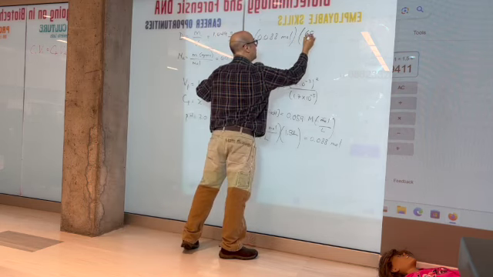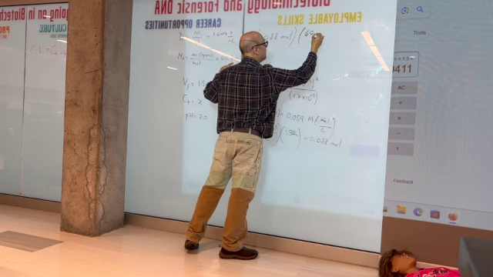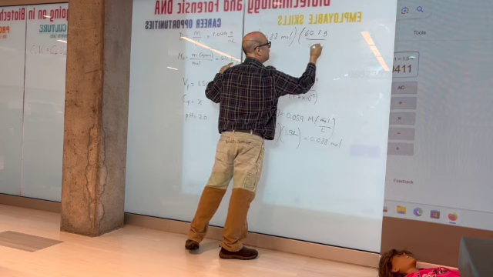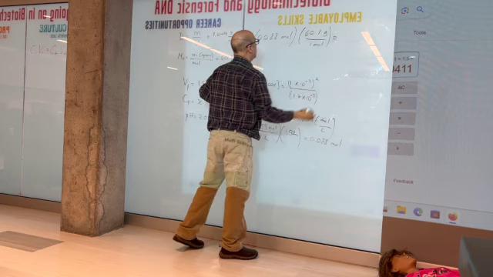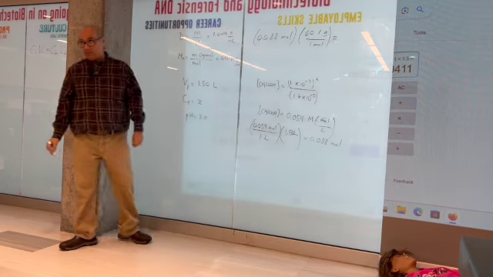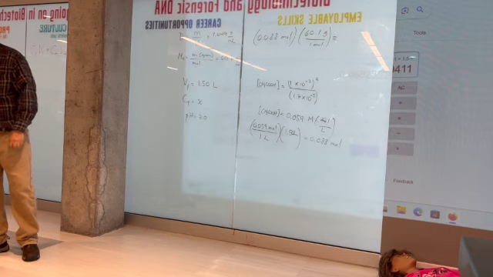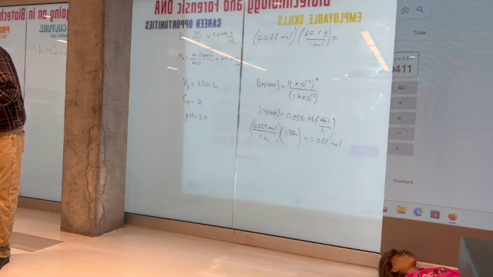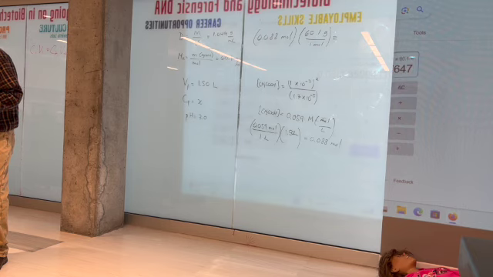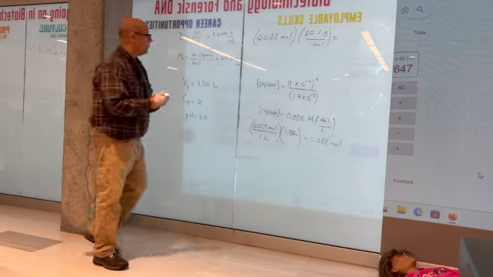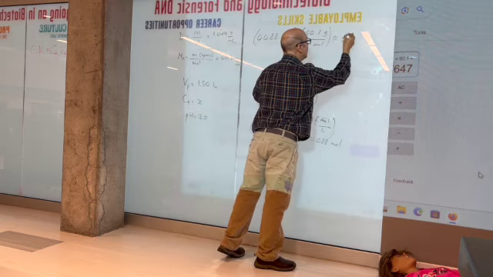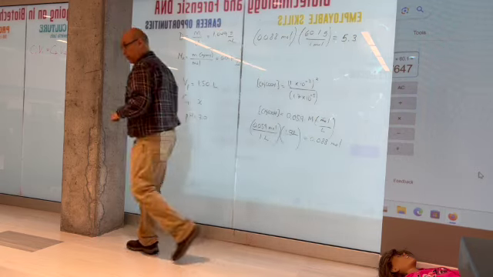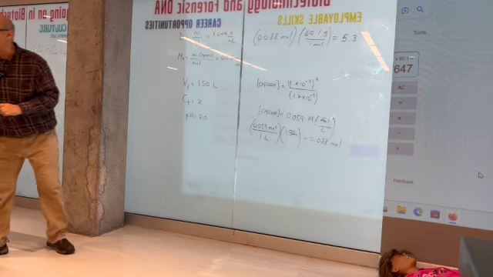I know that if I multiply that by the molar mass, I'm going to end up with how many grams of acetic acid I need. So times 60.1 gives 5.30.